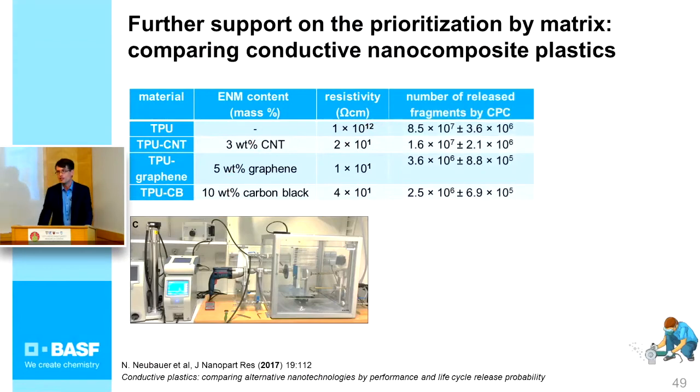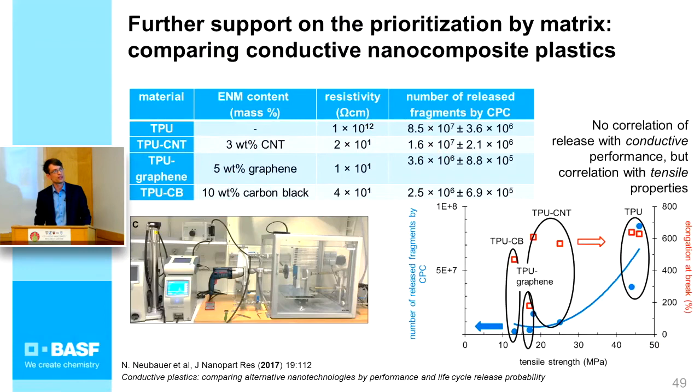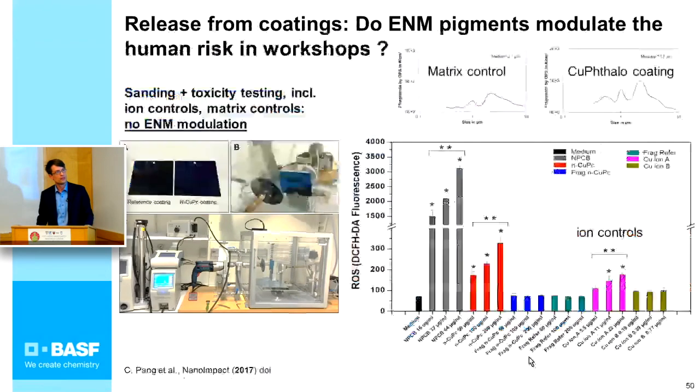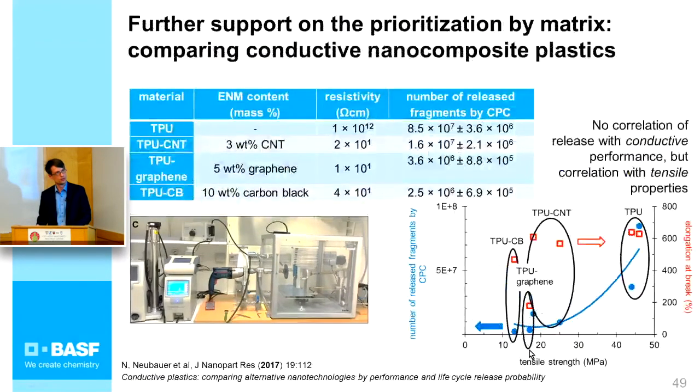But if you look at release now, these materials are not so terribly different. There is no very specific effect, and Nicole did this nice comparison. It turns out that the tensile strength is key to predict the releases.